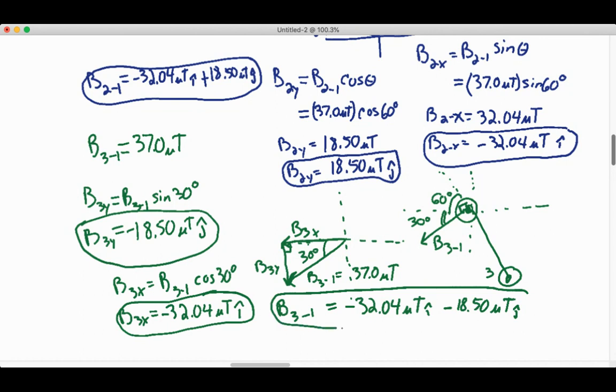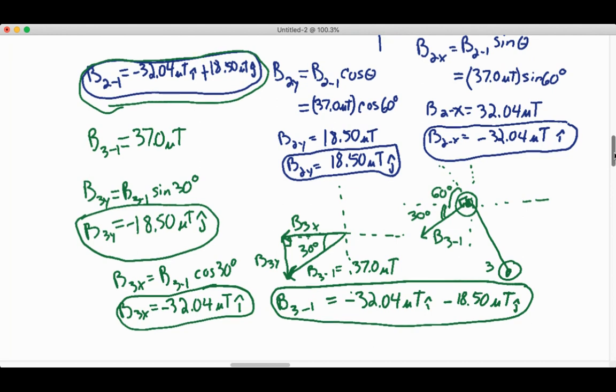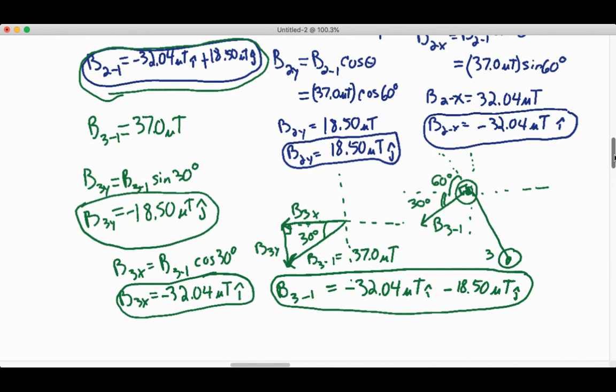So now I have the two magnetic fields that we've got to add together. This guy here plus this guy up here. So how are we going to do that? See if I can squeeze this all in at once. Change colors again. Let's go to purple. Nice purple.